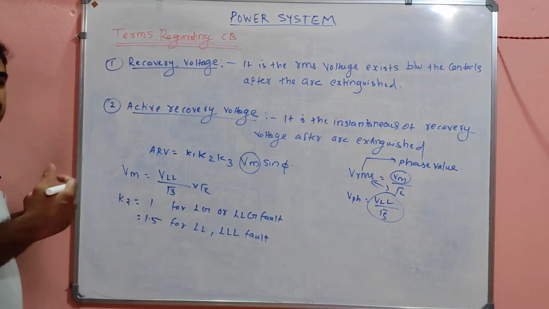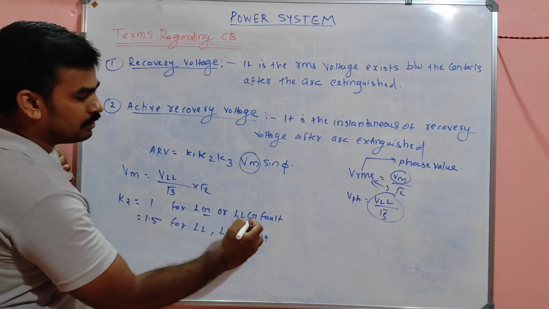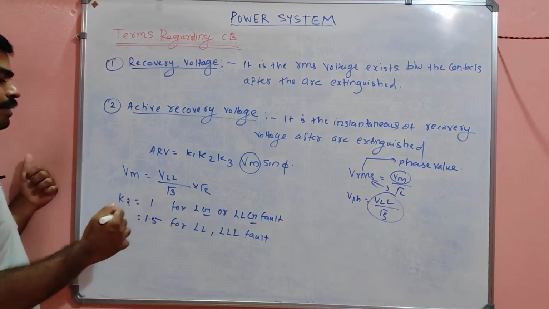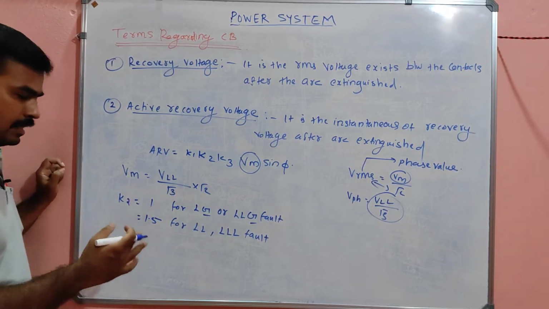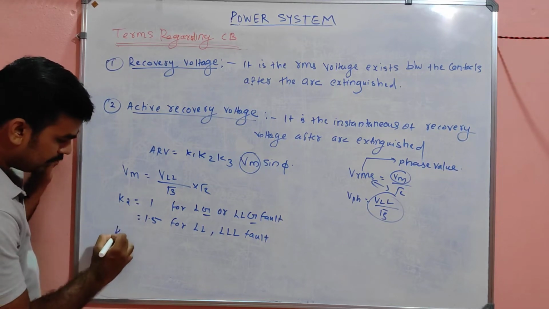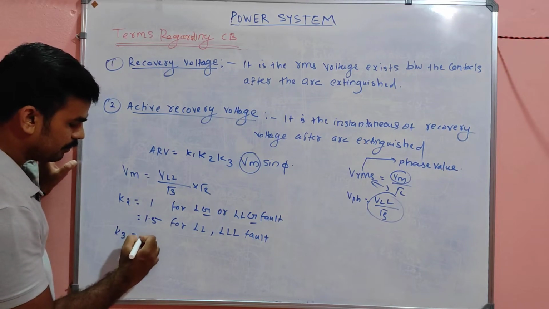That means whenever a ground fault is included in the circuit, the value of K2 will be a constant. Now these are all constants, so K2 will be 1, otherwise K2 will be 1.3. K3 will be normally 1.